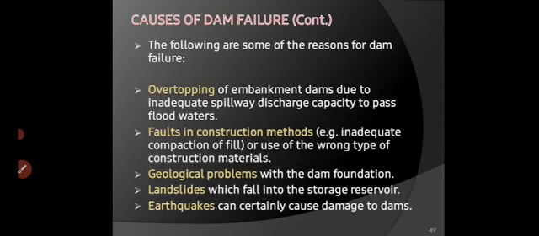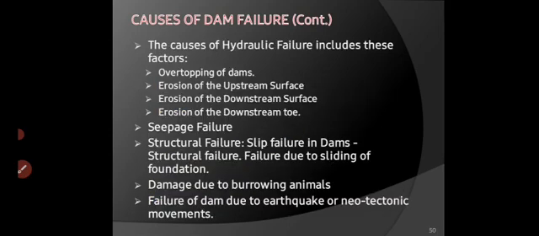The following are some of the reasons for dam failure: overtopping of an embankment dam due to inadequate spillway capacity, or when the flood amount is very huge, then it may overtop and failure of the dam occurs. Then faults in construction methods, geological problems in the foundation, landslides which fall into the storage reservoir, and earthquakes can certainly cause damage to the dam.